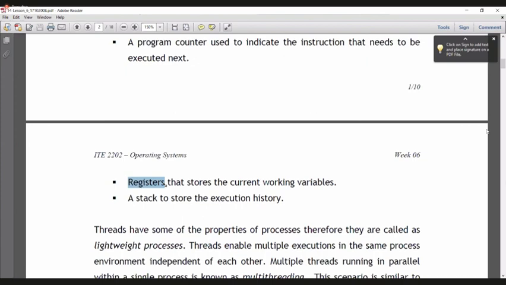So where do you keep them? Those locations are known as registers. Compared to main memory or hard disk, these are very limited storage.